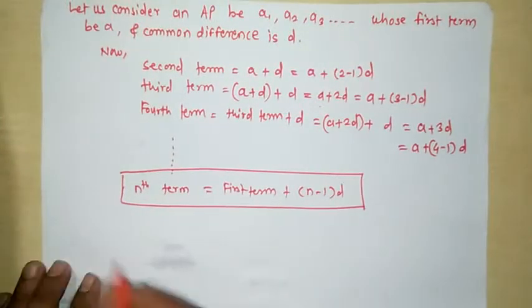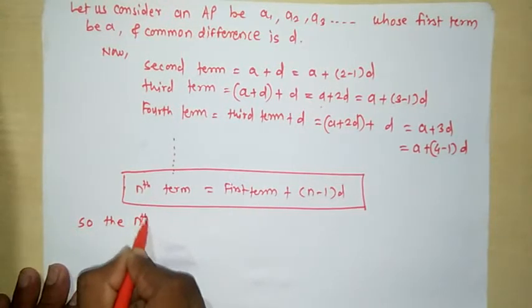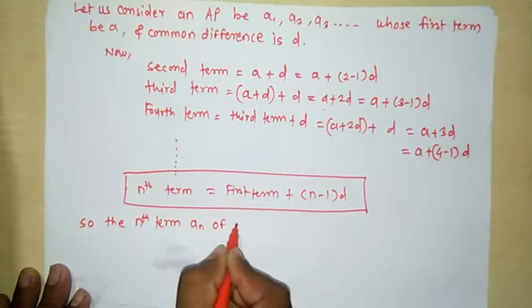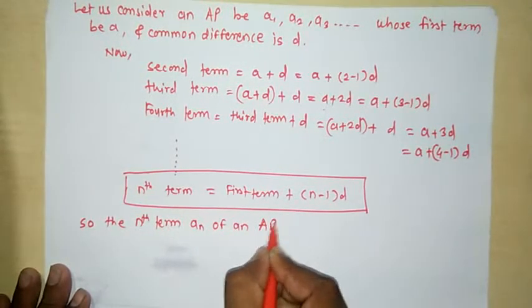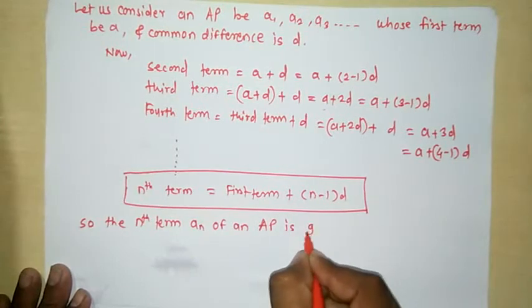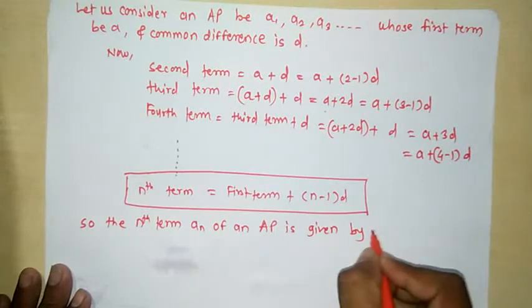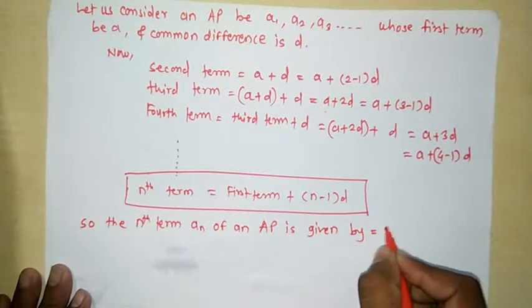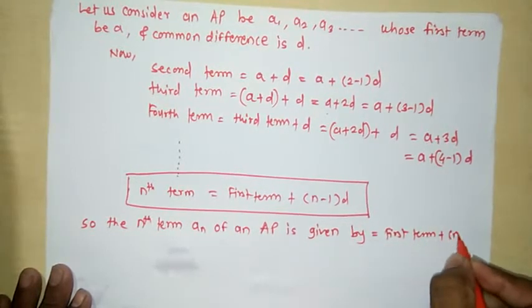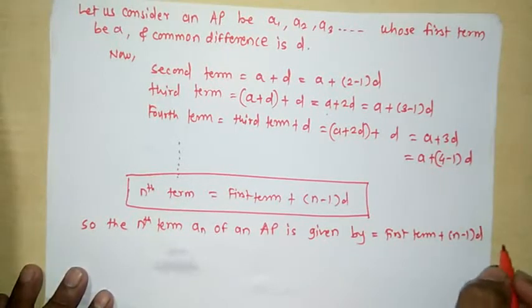So the nth term an of an AP is given by the first term plus n minus 1 into D.